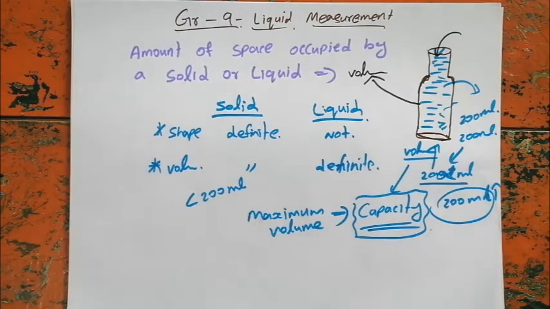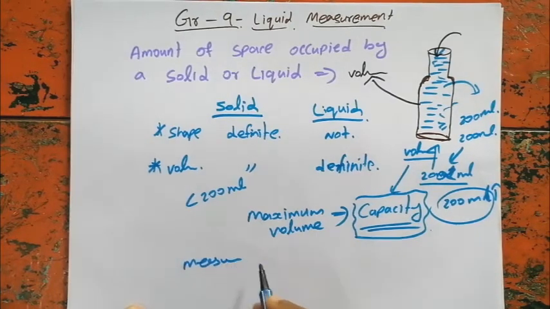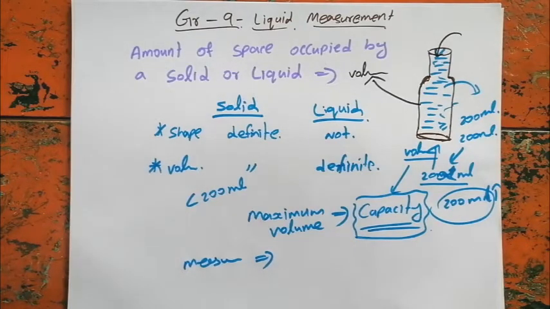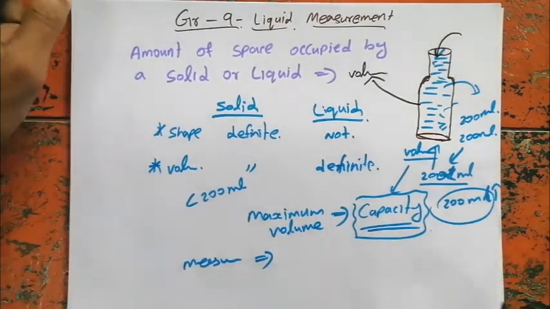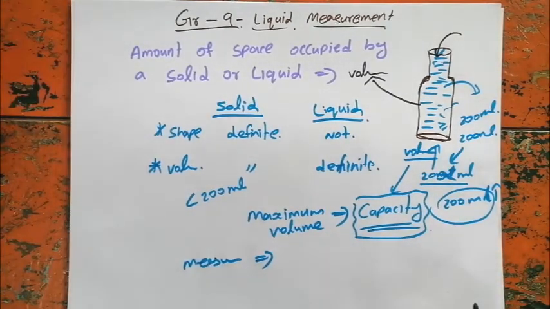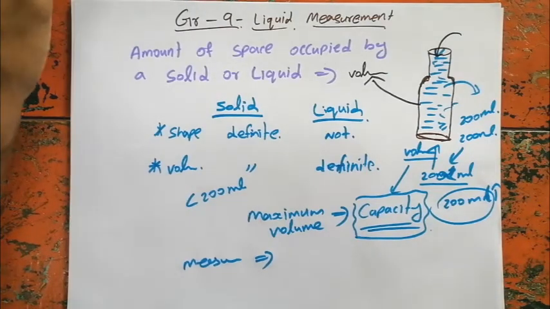Okay, and next thing, what is the measurement, with which units are we going to measure the volume or capacity? So both are the same, no? Capacity, volume, both are the same, but they differ in one place.